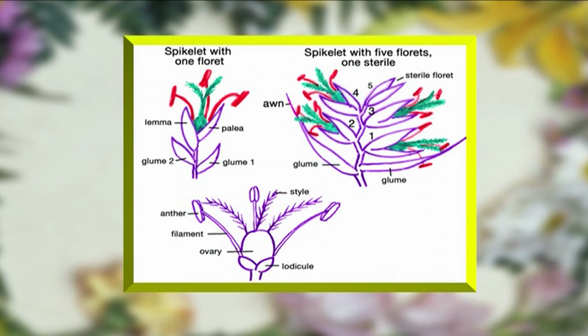Perianth is reduced and represented by two lodicules. Thus, each flower of the spikelet remains enclosed by a lemma and palea. The spikelets may be arranged in a spike, raceme or panicle and form the characteristic inflorescence of grasses and sedges.